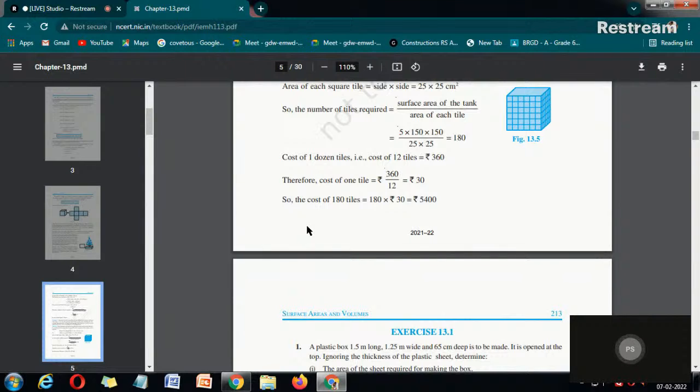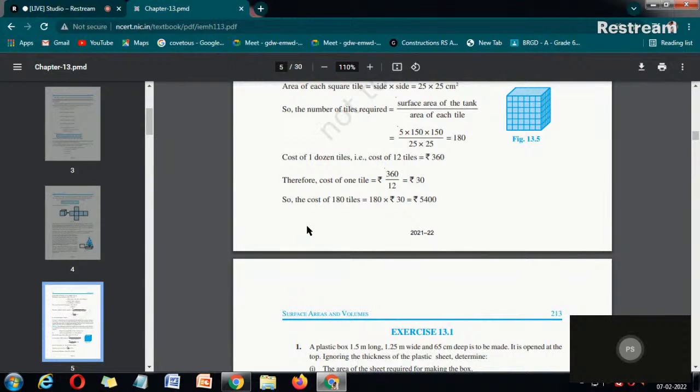So the edge of the cuboidal tank is 1.5 meter. Actually, they have given everything in centimeter except the outer edge. So the outer edge is 1.5 meter, but when we convert it into centimeter, we get 150 centimeter. It is equal to a.